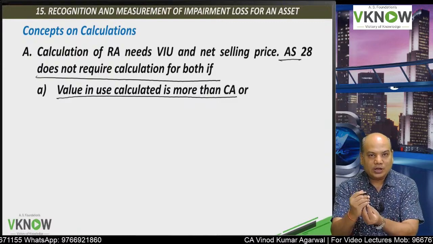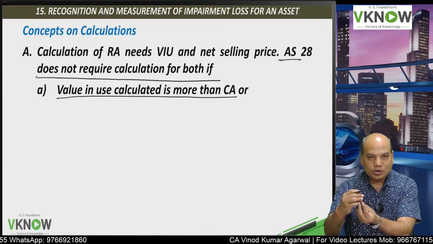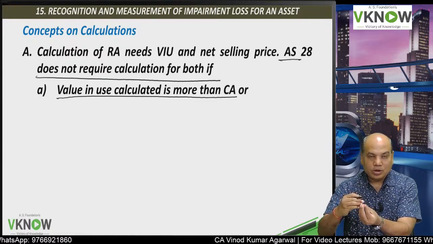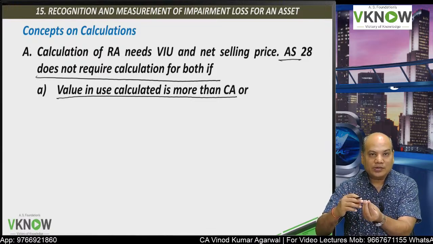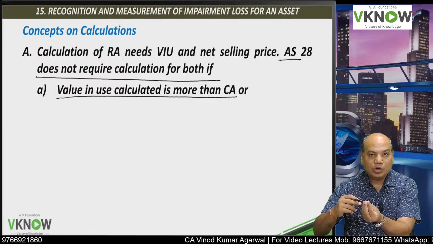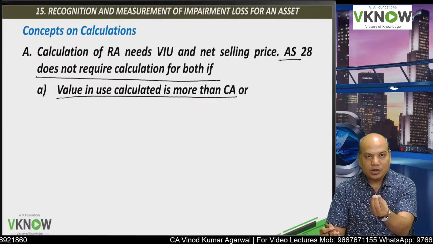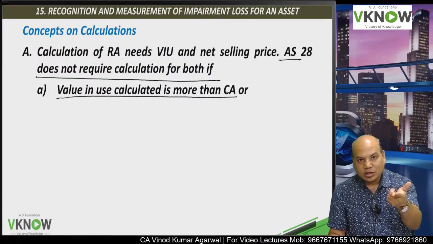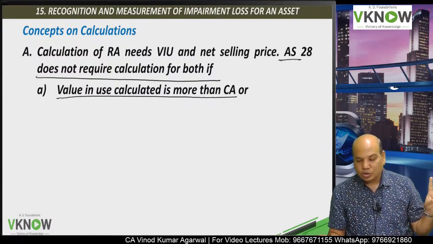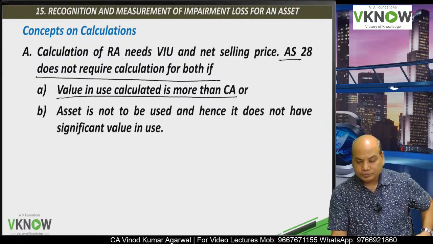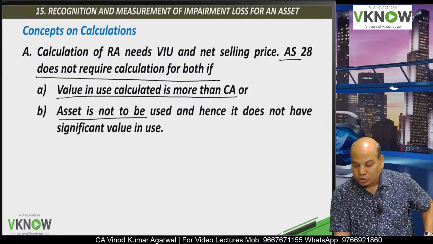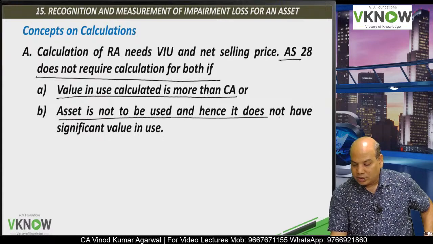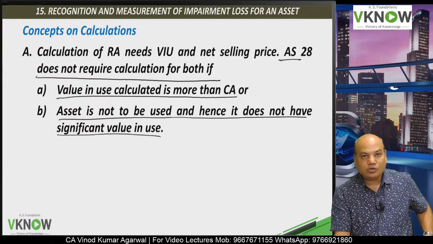Recoverable amount is the higher of the two, value in use or net selling price. Impairment loss arises when recoverable amount is below the carrying amount, but if value in use is more than carrying amount, recoverable amount is more than carrying amount, hence no impairment. Or the asset is not to be used and hence it does not have significant value in use.